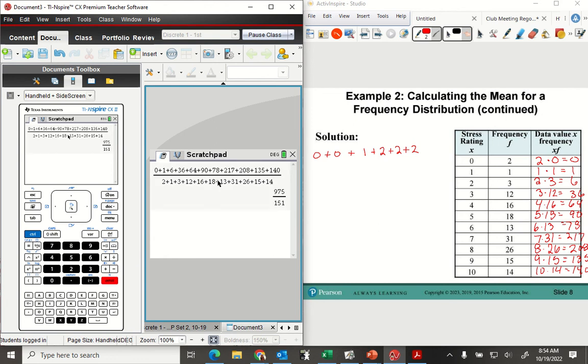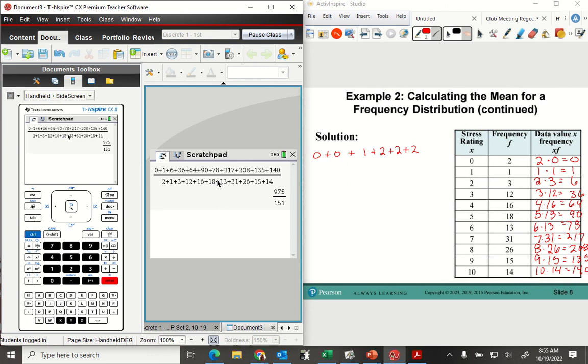So I just hit enter first. What did that give me by just hitting enter first before I divided it and actually got a decimal? What information does this give me? Very good. How many numbers? What's the frequency? How many numbers there are? There are 151 of these numbers.